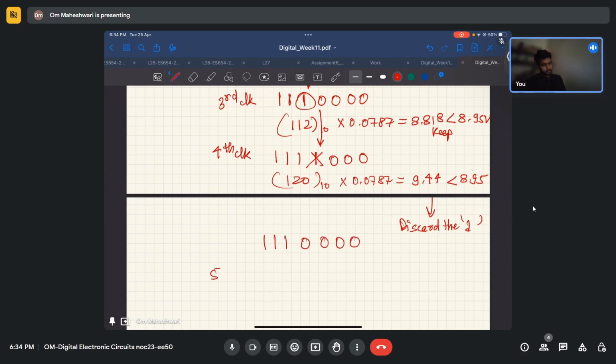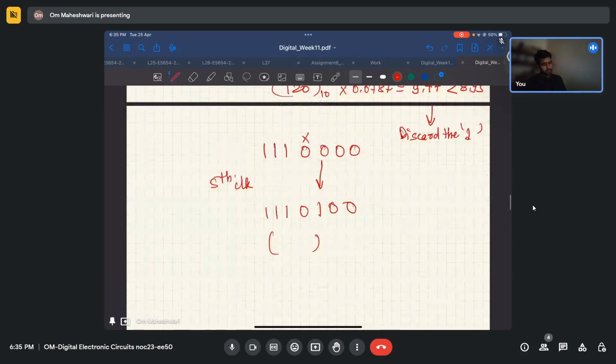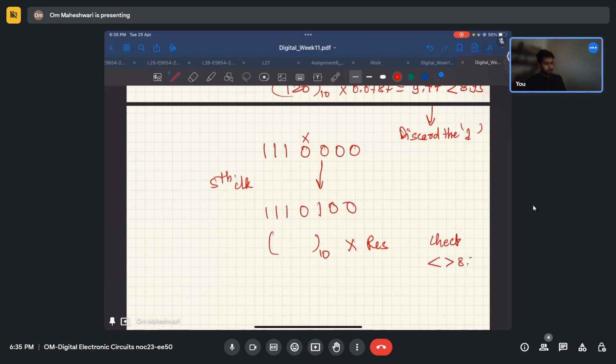So in the fifth cycle, I have discarded this one. So what my next step would have been is 1, 1, 1, 0, 1, 0, 0. I would convert it to decimal, multiply it by the resolution, then check if it is less than or greater than 8.95.